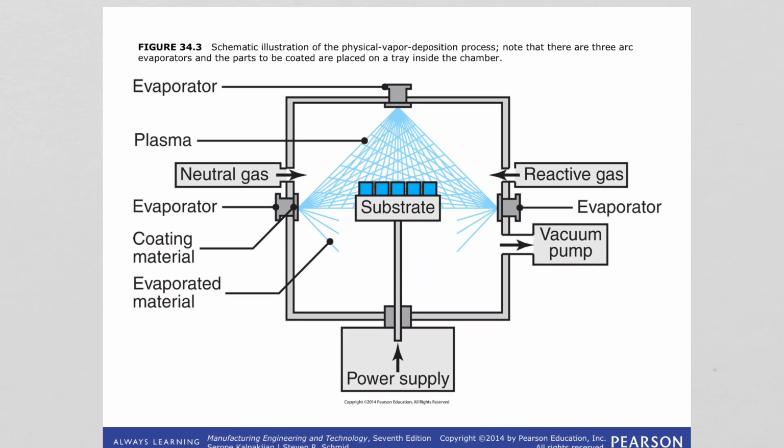So in this technique, the coating material, which we also call the cathode, you are seeing, is evaporated by several evaporators, like this one, that one, this one here.